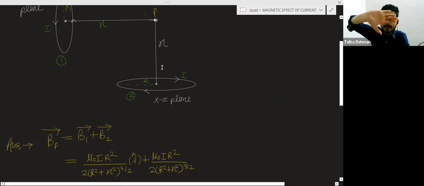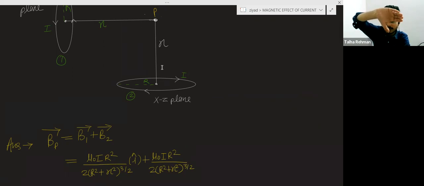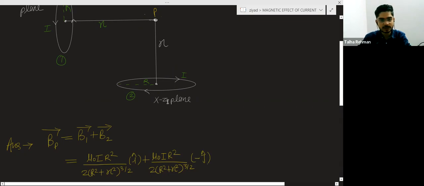Imagine that you are holding the current carrying coil along the sense of current, and your thumb will give you the direction of the magnetic field at the center point. So at the center point, you will get the magnetic field in the downward direction, meaning negative y direction. So here you will multiply with minus j cap. Apply the right hand rule here. Okay, so this is your answer.